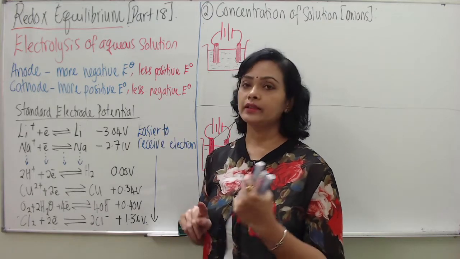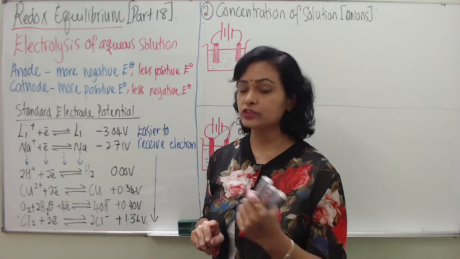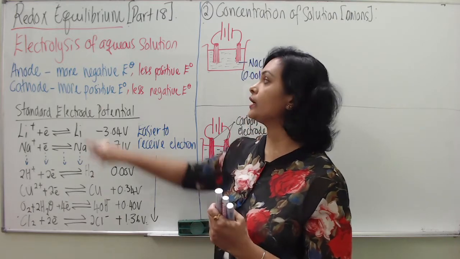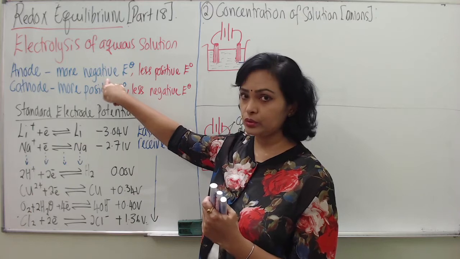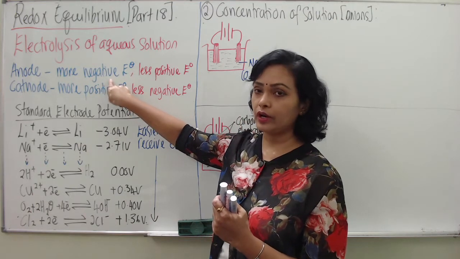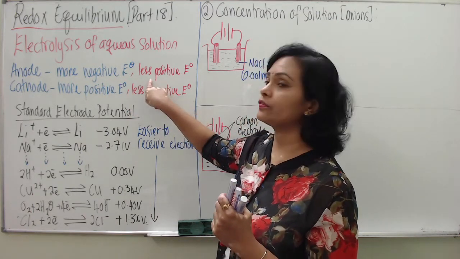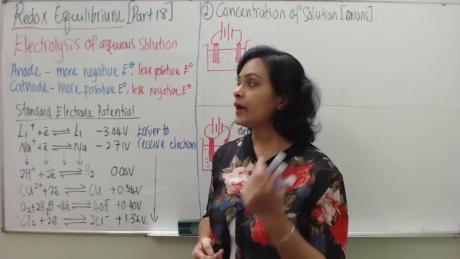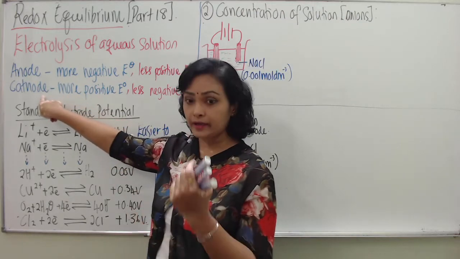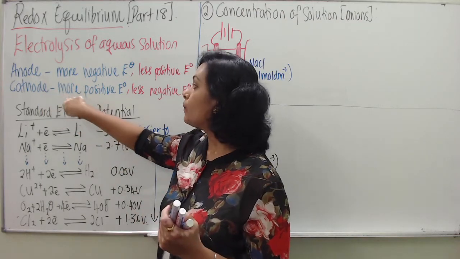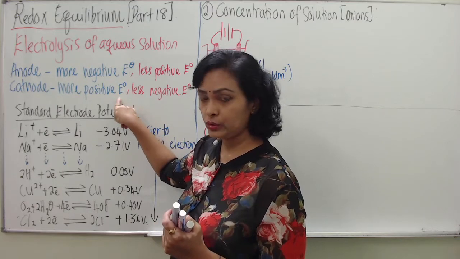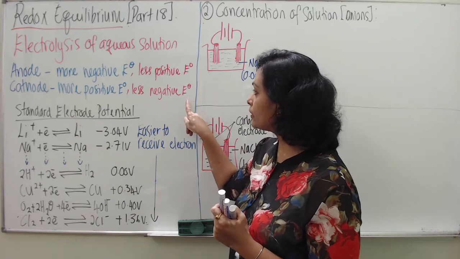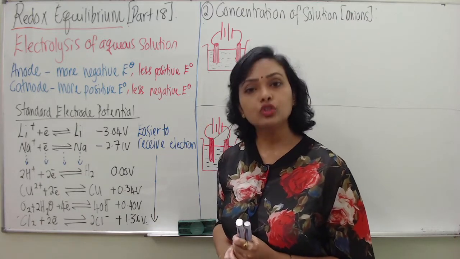Discharged here in the sense of anode always donates electron. So at anode, whichever can donate electron with a more negative E0 value or less positive E0 value, that particular ion will be chosen. And at cathode, cations with a more positive E0 value or less negative E0 value will be chosen to be discharged.